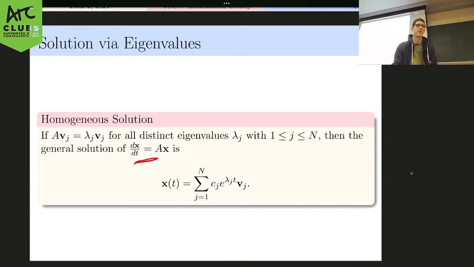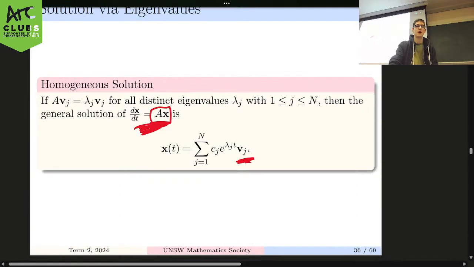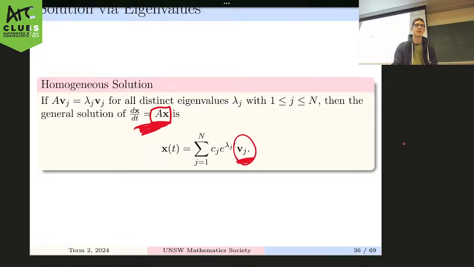We talked about where we have the derivative vector equal to some matrix multiplied by x. Then in the simple case where we have unique eigenvalues with their respective eigenvectors Vj for our matrix A, it turns out that we can write the general solution as a linear combination of these eigenvectors Vj multiplied by e to the lambda j times t.